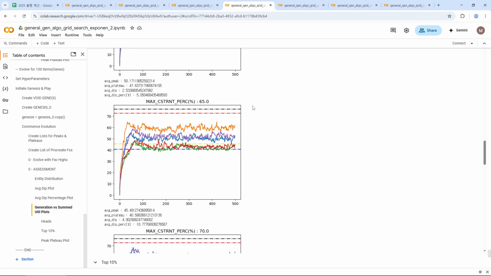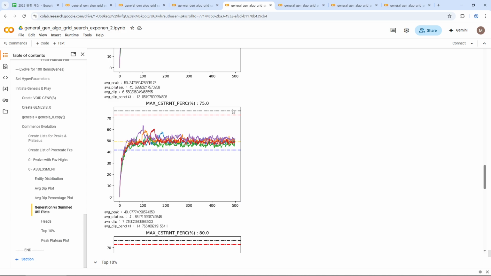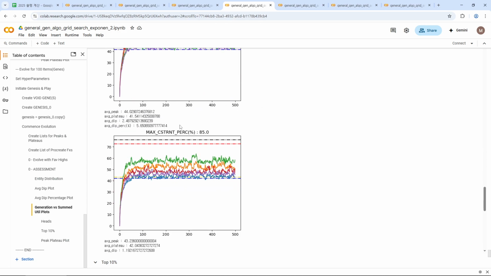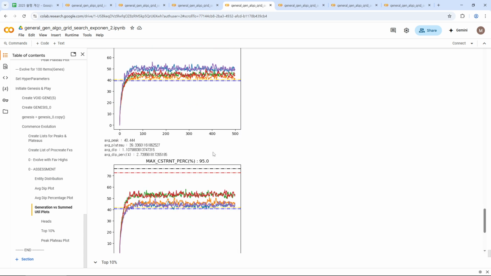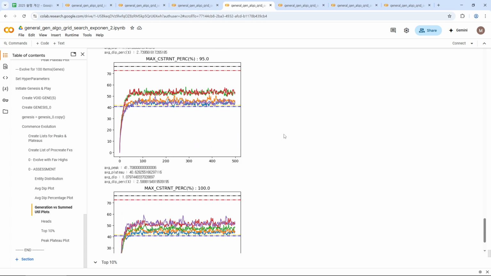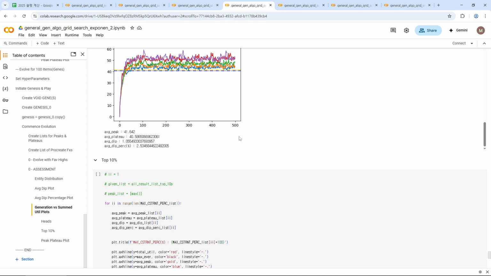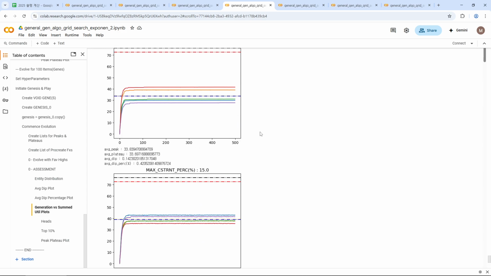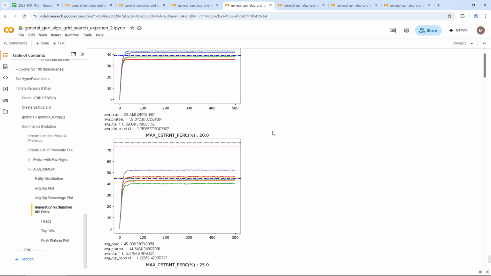At 60%, 70, 75, 80, 85, 90, 95. But there is a chance that the maximum ever value is not actually the maximum ever value in relative terms.